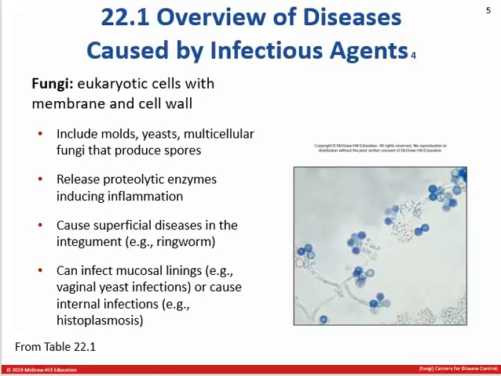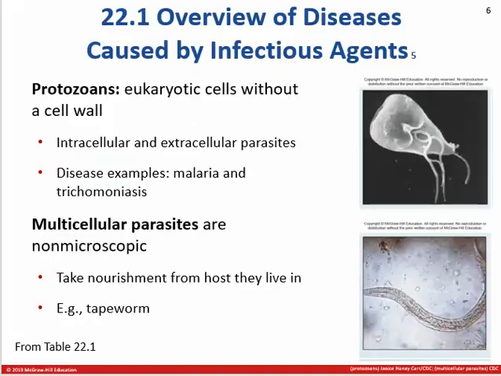So athlete's foot, ringworm, vaginal yeast infections, that kind of thing. In the lungs, histoplasmosis from breathing in molds, they can occupy that. They can actually circulate in the blood. Candidiasis and candida would be an example of that.